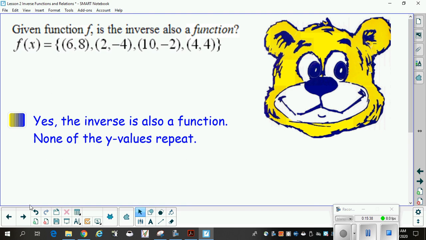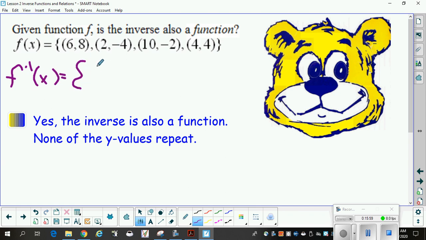Yes. The inverse is also a function because 8, -4, -2, 4. There are no repeating y values. Okay? Everything is one-to-one. Or if you found the inverse function, you would have 8, 6, -4, 2, -2, 10, and 4, 4.